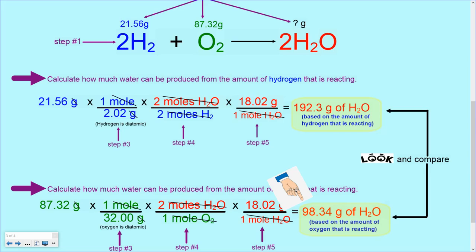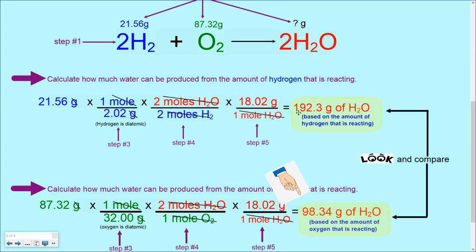So the question is, are we going to produce 98.34 grams of water, or are we going to produce 192.3? Very similar to the sandwich example, we're either going to produce 24 sandwiches or we're going to produce 16 sandwiches. Well, in this case, we're not going to produce 192.3 grams of water because we don't have enough oxygen. We only have enough oxygen to produce 98.34 grams.